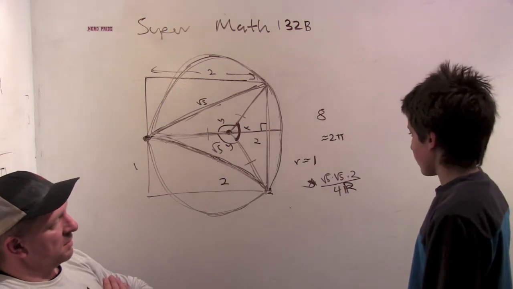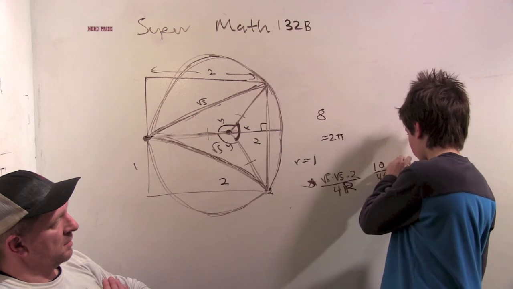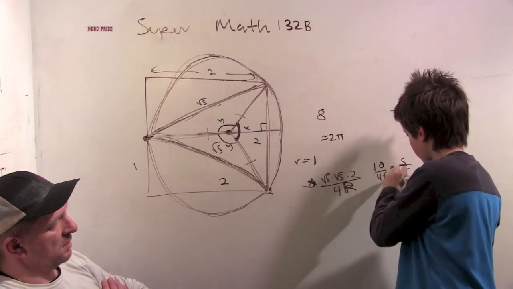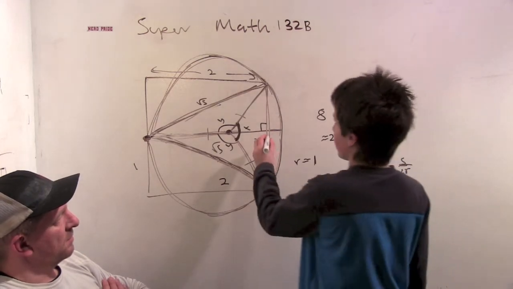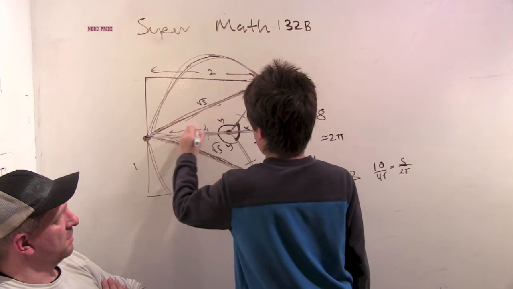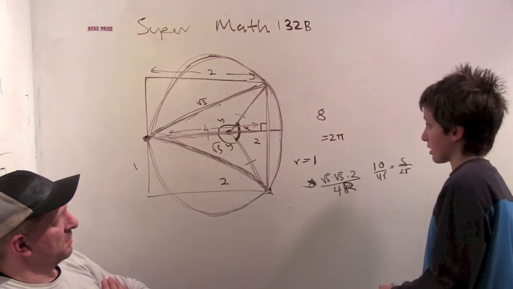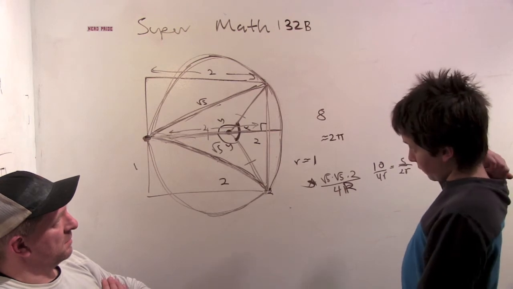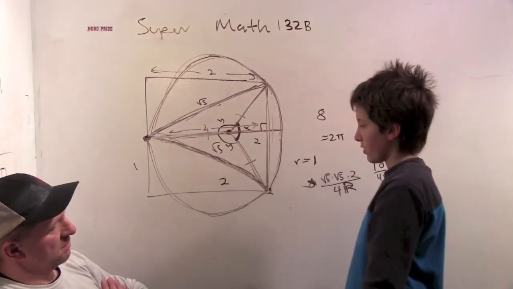So this says it's 10 over 4R or 5 over 2R. And I know that this is 2. So the area of this triangle is 4 over 2, because base times height over 2.